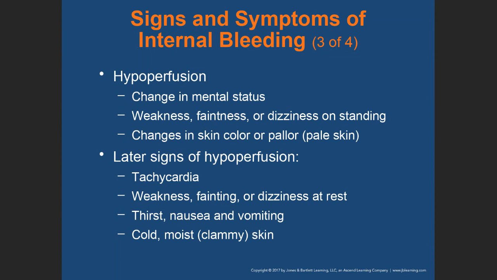You will see pale skin before you start to see cyanosis. Later signs of hypoperfusion: the pulse becomes rapid, tachycardia over 100, weakness, fainting, or dizziness at rest. They start to complain of thirst, nausea, and vomiting can start to occur at this point. Skin gets cold, moist, or clammy.